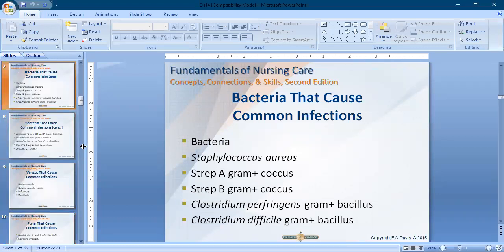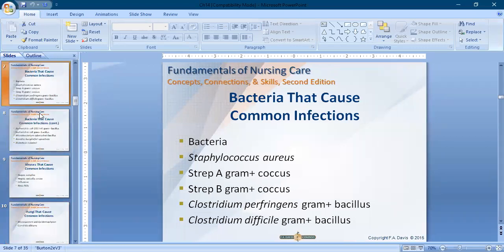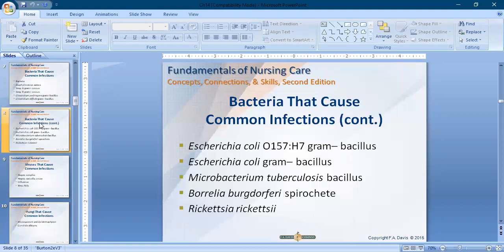Here also is Escherichia coli, another most important organism. They are gram negative and cause UTI, urinary tract infection, UTI, right? Escherichia coli, shortly called E. coli.